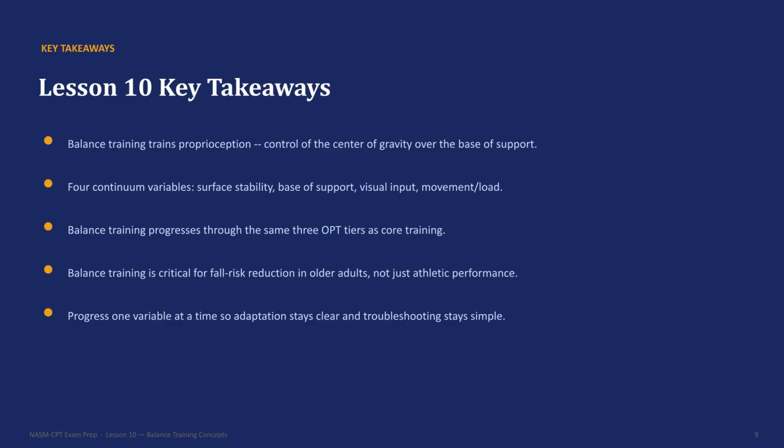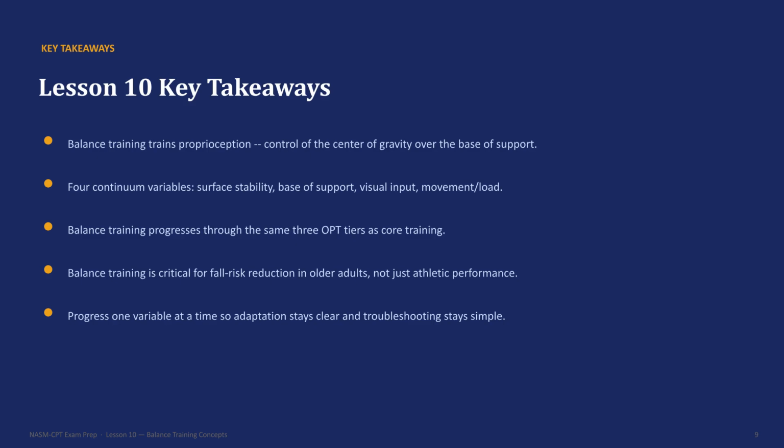Let's bring it all together. Balance training trains proprioception, control of the center of gravity over the base of support. There are 4 continuum variables: surface stability, base of support, visual input, and movement or load. Balance training progresses through the same 3 OPT tiers as core training.